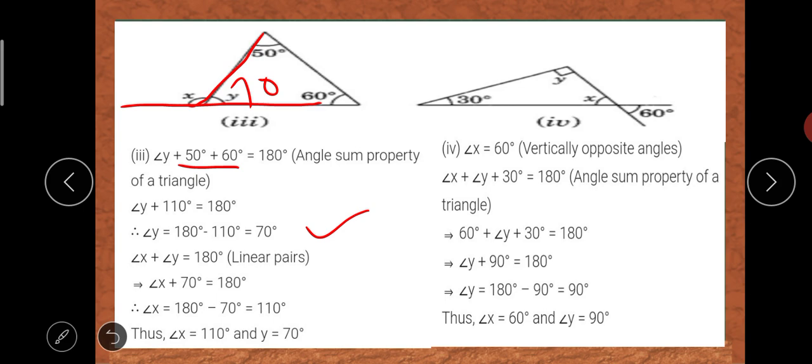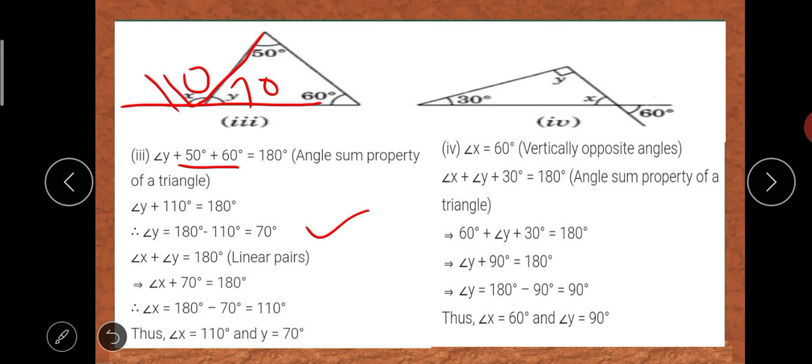So we will get the other measurement by subtracting 180 minus 70. So we will get 110. So the value of x is 110. Now if you check the exterior angle property, the exterior angle of a triangle is equal to the sum of its interior opposite angles.